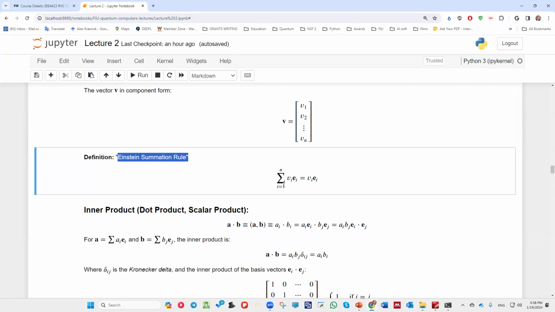You basically omit the summation sign in any expression where you meet the summation index twice. So for example, if I consider this expression here, I have this vi ei. This i is the summation index, and I can omit the summation sign over here and just write vi ei. This is just the same thing.